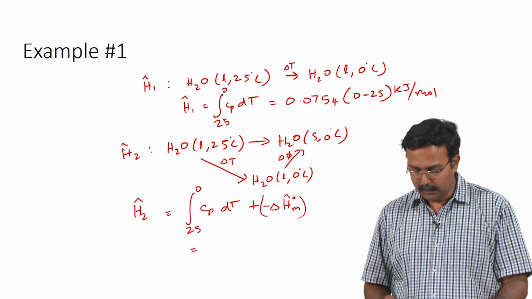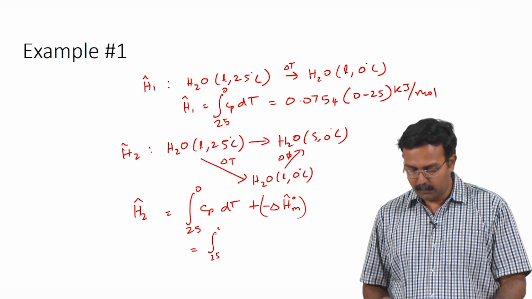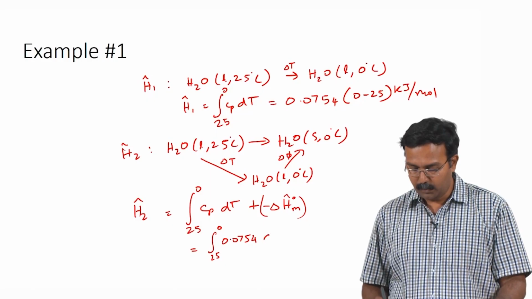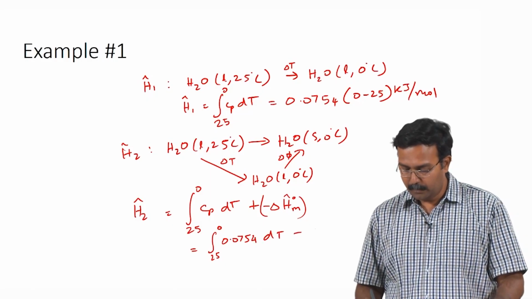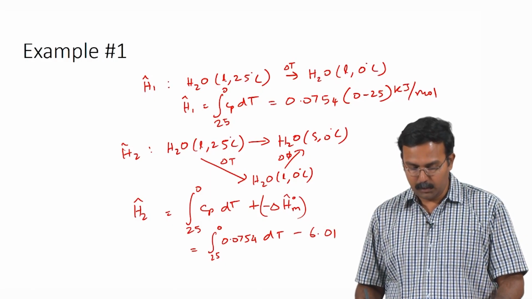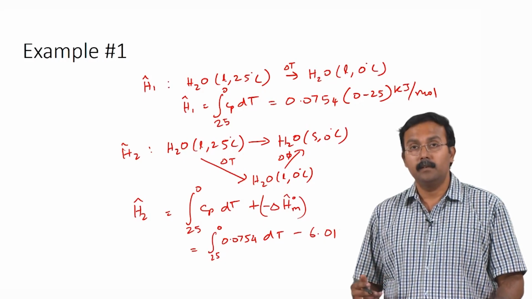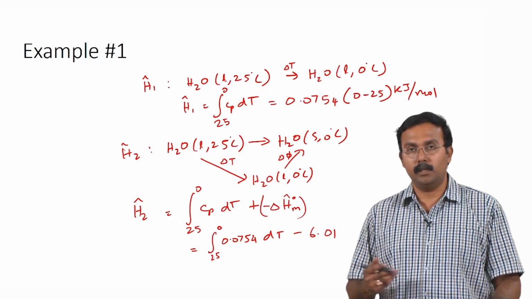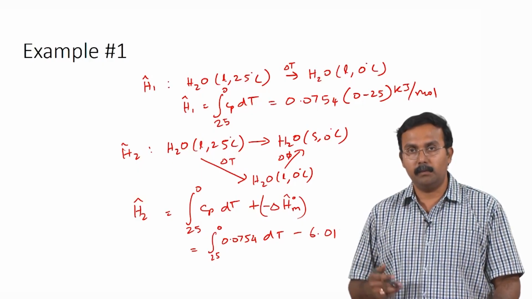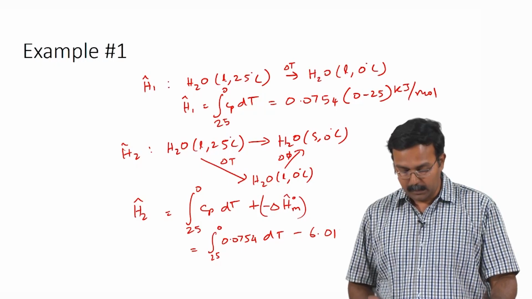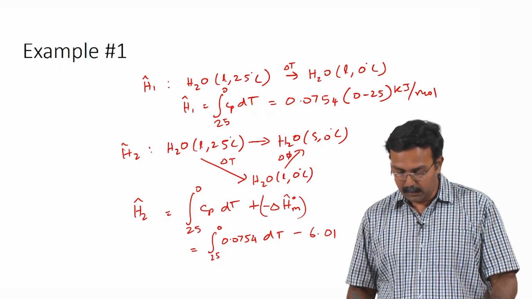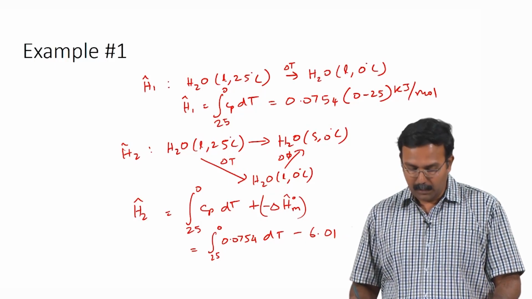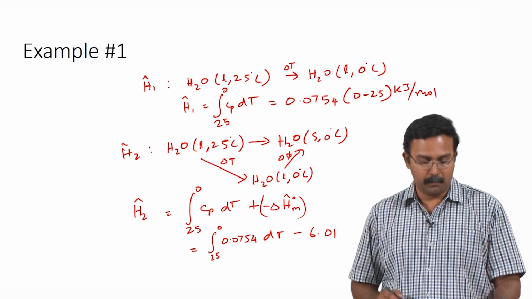So, this would mean integral 25 to 0 of 0.0754 dt minus 6.01, which is the heat of melting for water at 0 degree Celsius. You can look it up from any table available in your textbook or handbook. So, this value can be calculated. So, H2 cap can be calculated from here and H1 cap can be calculated from here.